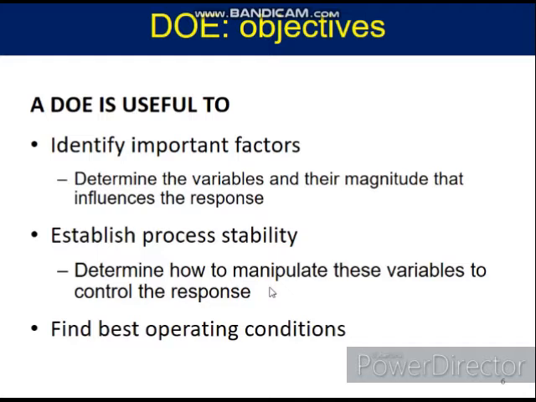Another side of the DOE objective is to establish process stability, meaning that based on the output response, based on the data that you collect, you can analyze it, and the analysis will tell you at what particular variable settings the process would be stable.